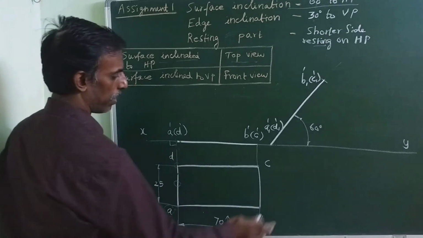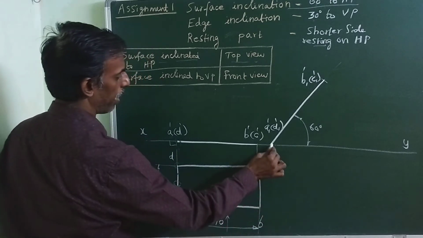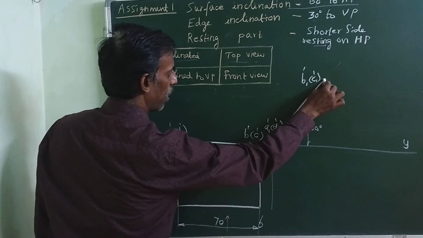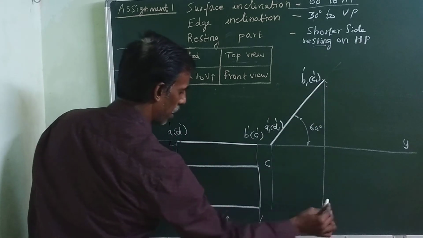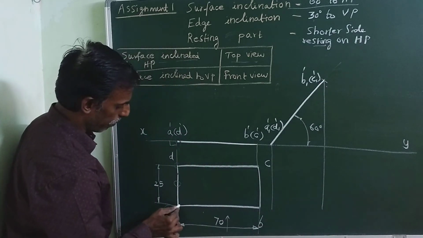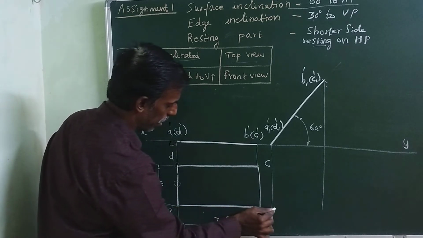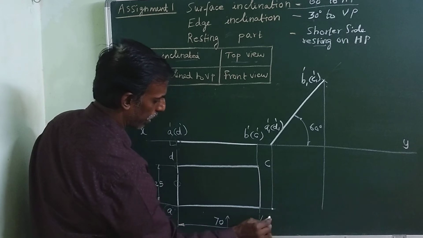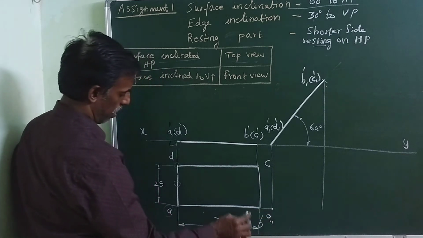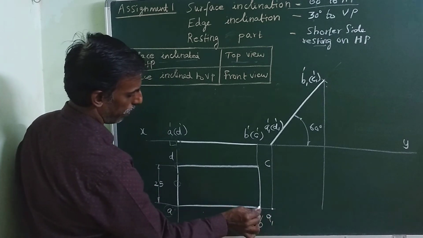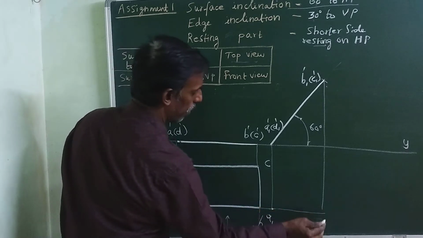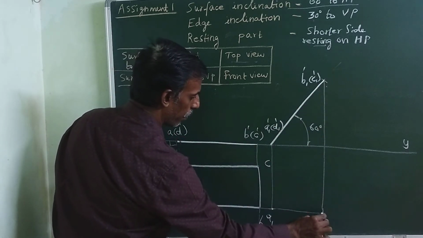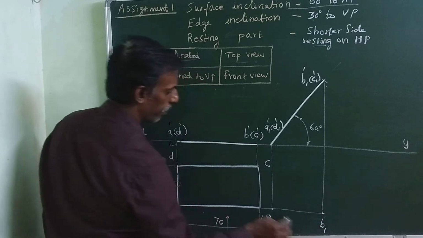Now using the projection I am going to draw the apparent top view. Now extend this corner point A horizontally, A1 dash vertically, both are intersecting forming A1. Then extend the corner point B horizontally, B1 dash vertically, forming B1.